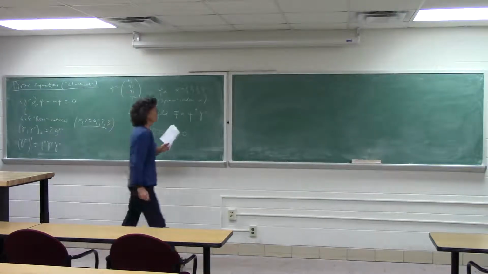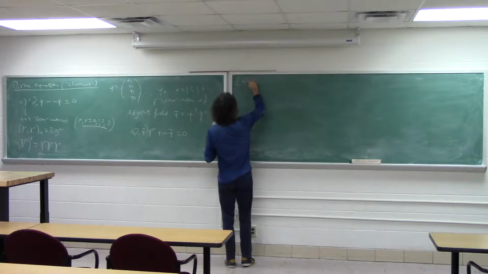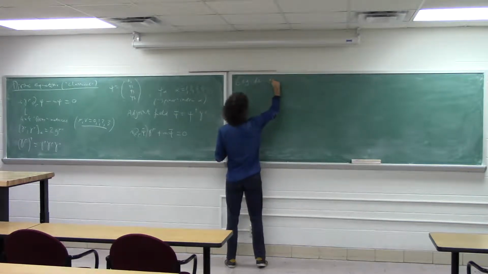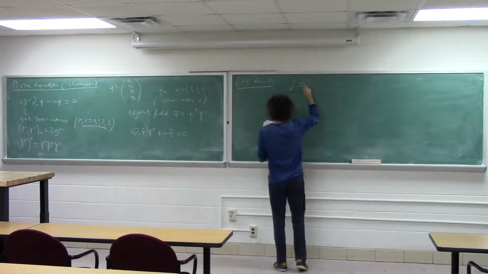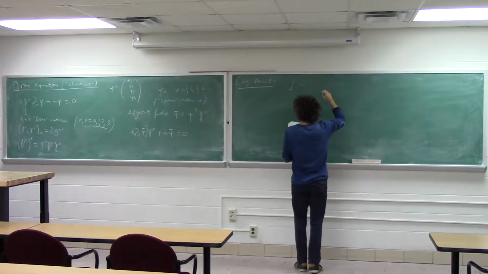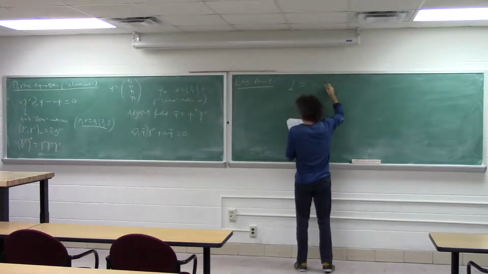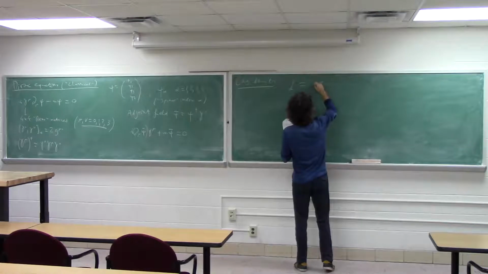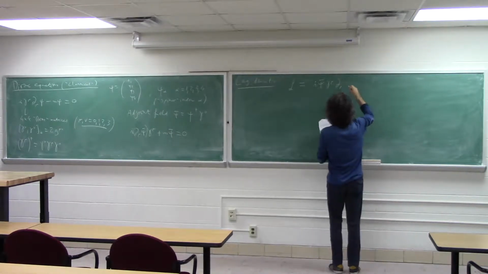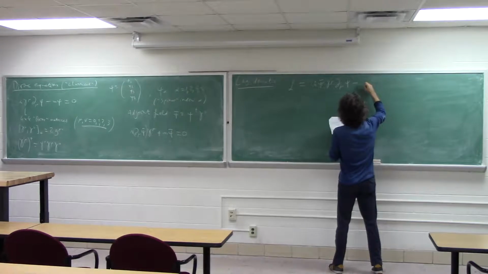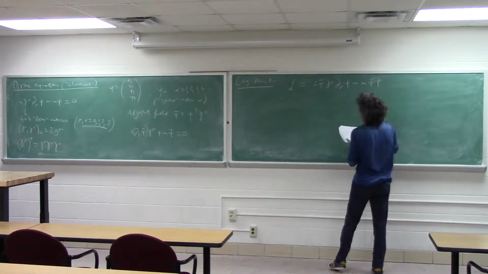So the Lagrangian density for the Dirac field that we wrote down last time looks like the following. The Lagrangian density is equal to, I prefer to write it, h bar psi bar, i gamma mu d mu psi minus m psi bar psi.